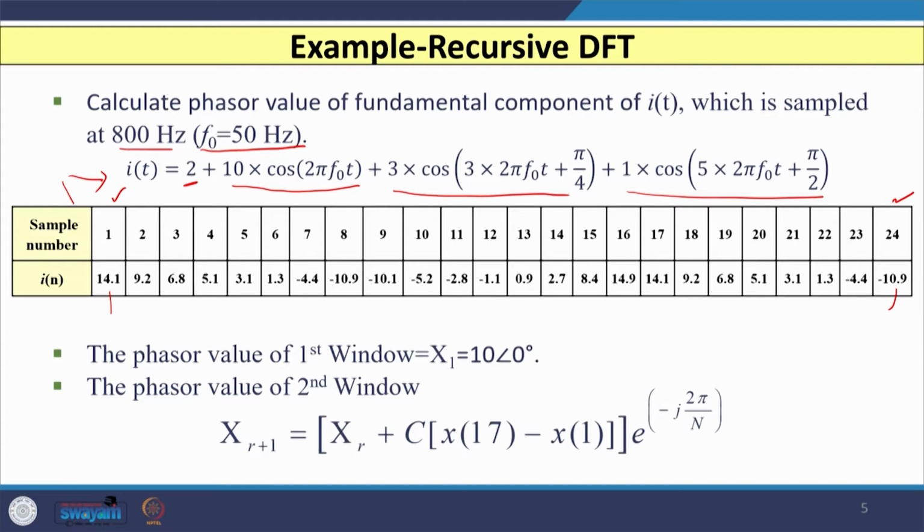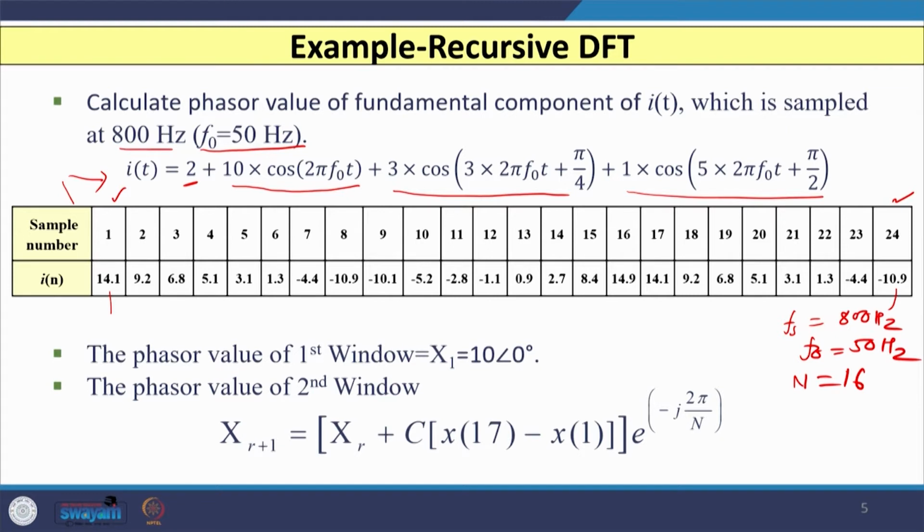Here, as the sampling frequency Fs is 800 hertz and the fundamental frequency F0 is 50 hertz, your number of samples in a cycle is 16, that is Fs by F0.